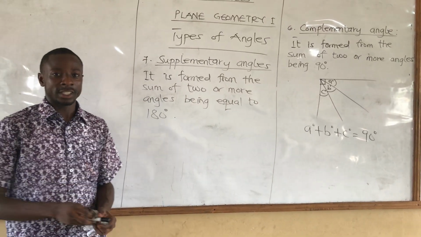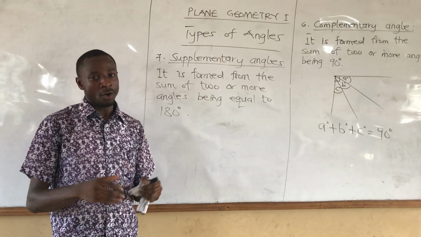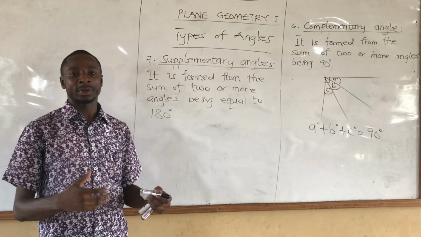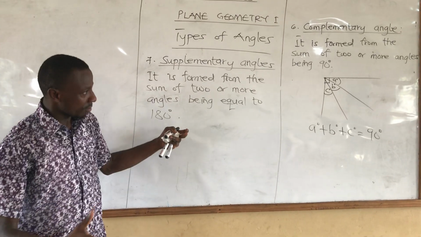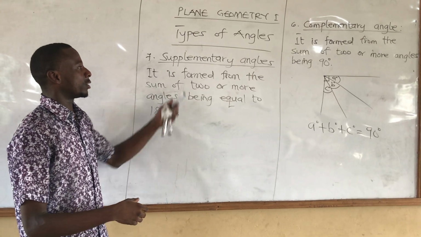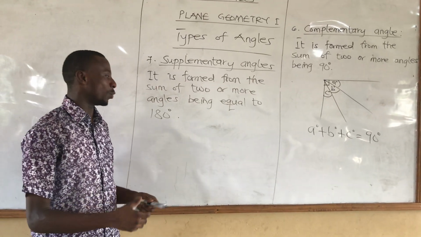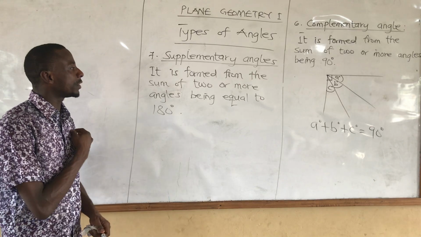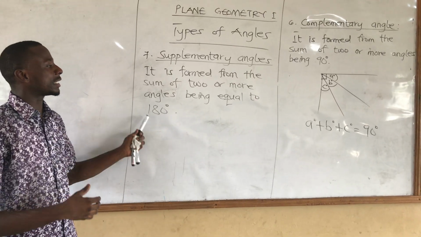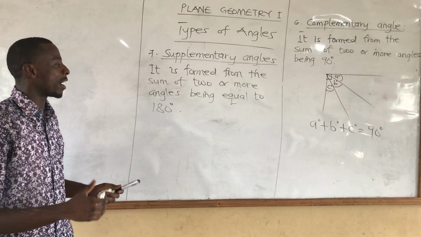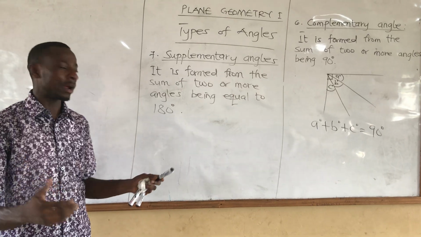As you are watching, you can pick a notebook, a pen or pencil, a calculator, or any other material so that you can take a few notes as we proceed. Supplementary angle is formed from the sum of two or more angles being equal to 180 degrees.